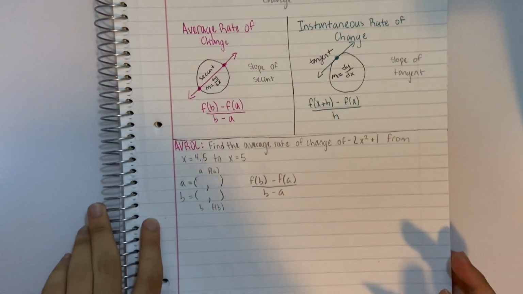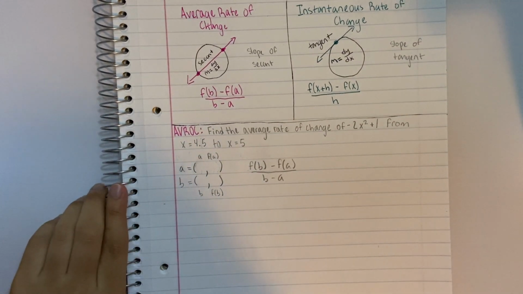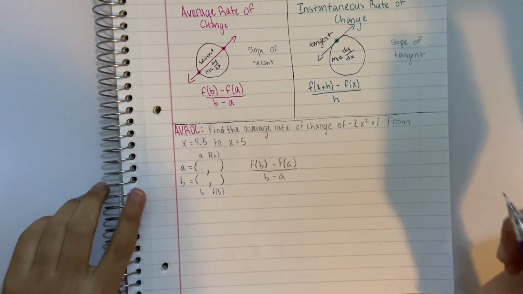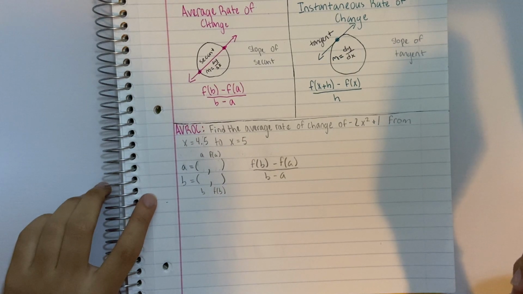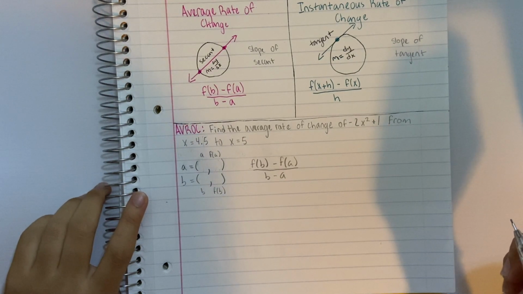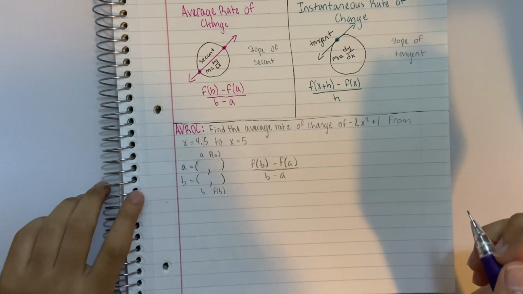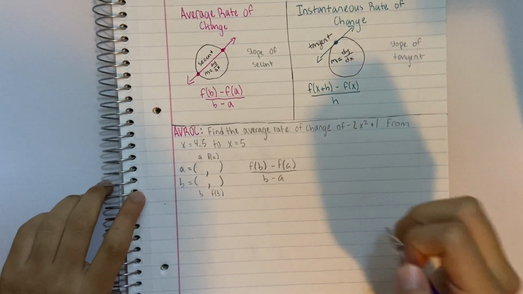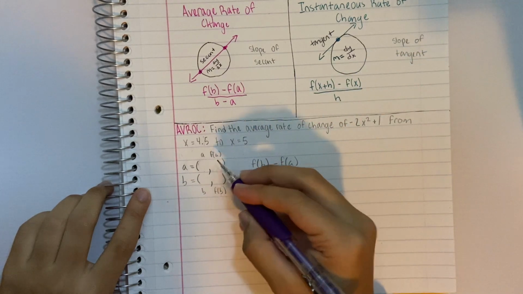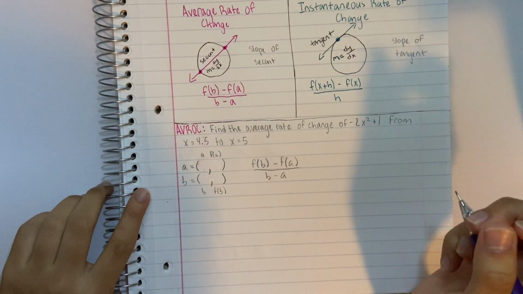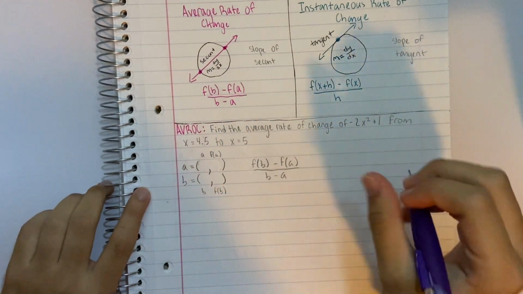And so an example problem would be: find the average rate of change of negative 2x squared plus 1 from x equals 4.5 to x equals 5. So the first step here would be to find what the y value is for 4.5 and 5.